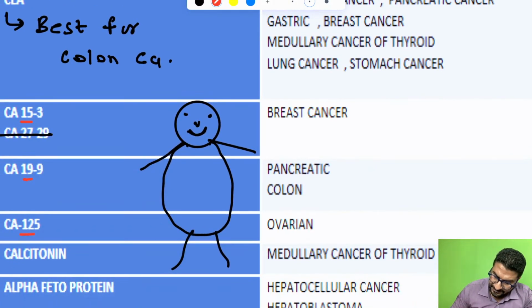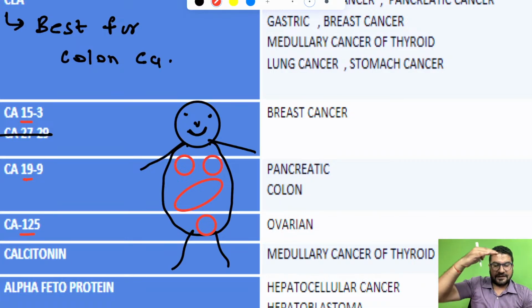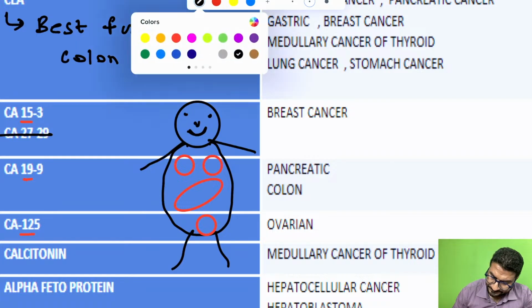Similarly, when you see a female body, first you will see breast, so 15. Then you will see colon pancreas. And ultimately you will see ovary. So understand this thing. If you see the numbers, first 15, 19, 125. Similarly, if you see a female body from top to down, first you will see breast. Then you can notice.